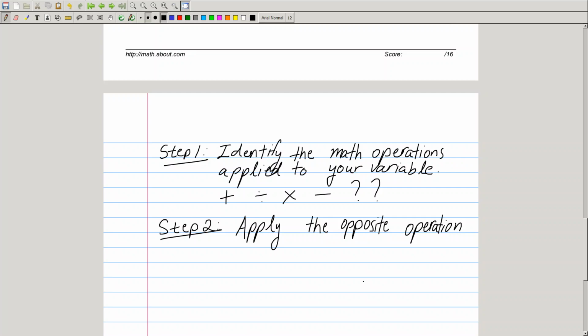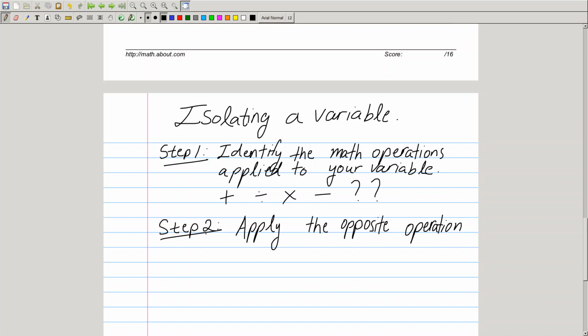What that'll do is leave your letter, your variable, on its own. That is called isolating a variable. To isolate something means to have it on its own. So that is our main goal here: we're going to get a variable on its own.